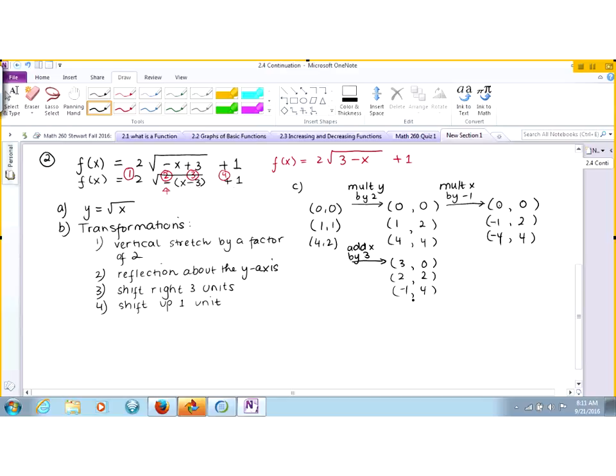Yes. There you go. Okay, so Alex, shift up 1 unit. What is it that you're doing? Y plus 1. Yes. Add y by 1. So the x stays the same. 3, 2, -1. And 1, 2, 5. Yes, that's right.